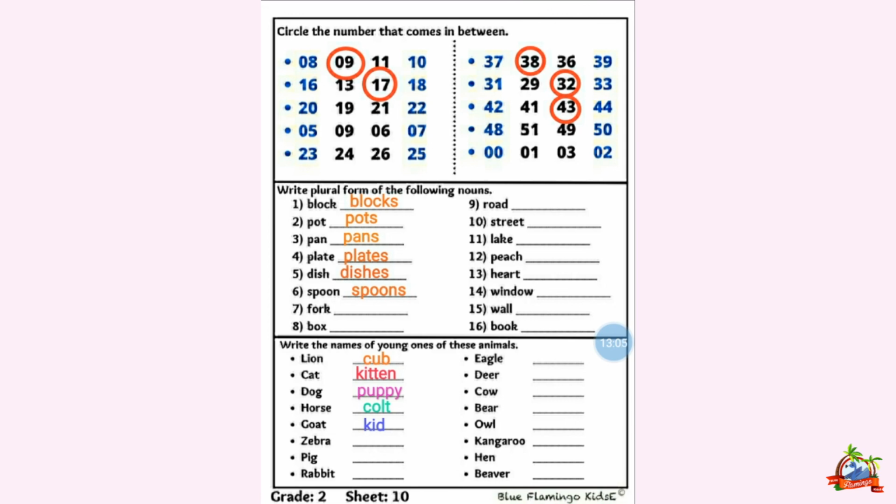PUPPY. यंग वंस ऑफ हॉर्स. हॉर्स की बेबी को क्या कहते हैं, कॉल्ट. COLT. गोट की बेबी को क्या कहते हैं, किड. KID.